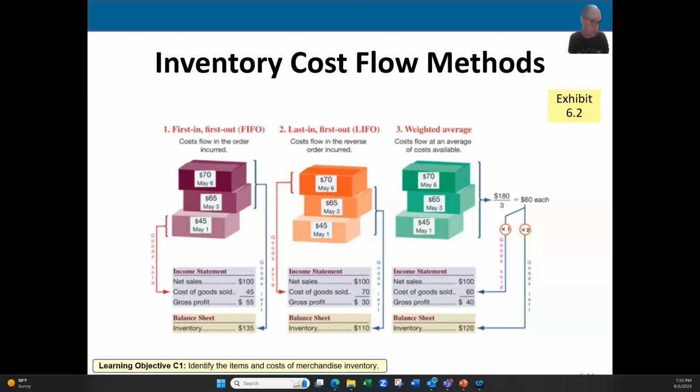You sell electronics. Electronics don't have expiration dates. Just because the computer you bought is a year old doesn't mean it's going to expire any faster. There's no expiration dates on electronics. There might be a lifespan, but there's no expiration date.